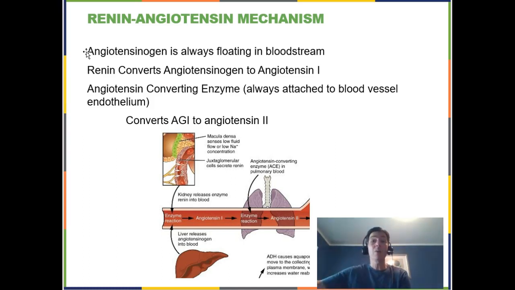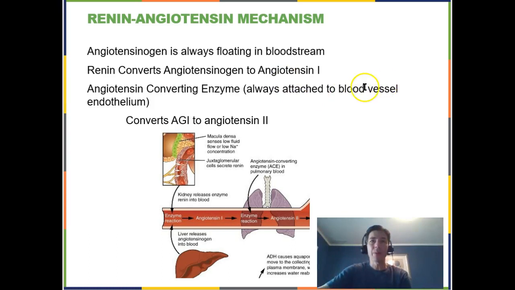So it is always floating around in the bloodstream, ready to jump into action when your blood pressure gets low. The signal to angiotensinogen to jump into action is renin. So renin is going to convert angiotensinogen into angiotensin 1, which will then circulate everywhere throughout your body.